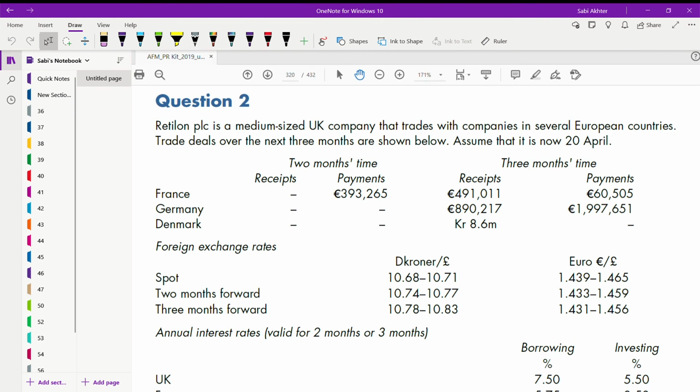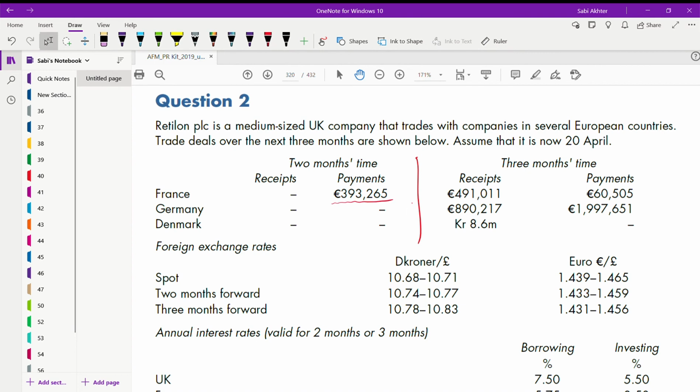But one thing, before using all this, make sure that you use internal hedging for this and this. How are you going to use internal hedging? If it's in same currency, you cannot hedge 2 months for 3 months. 2 months will be 2 months.